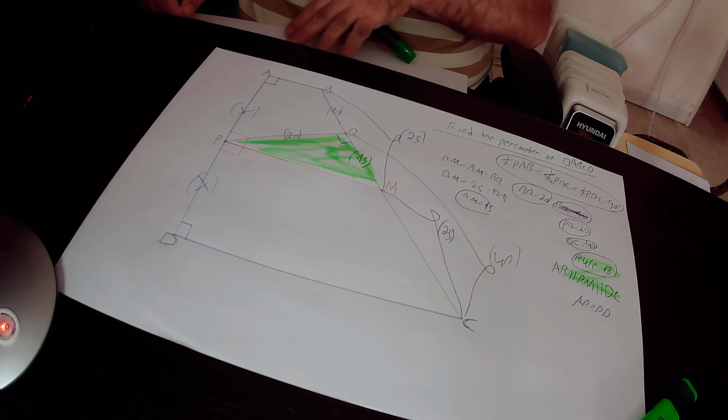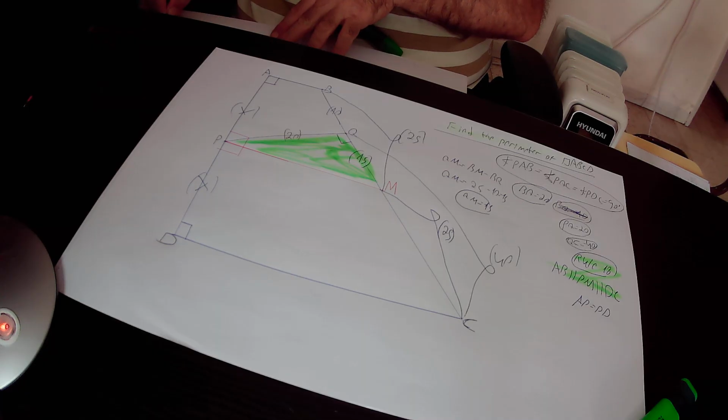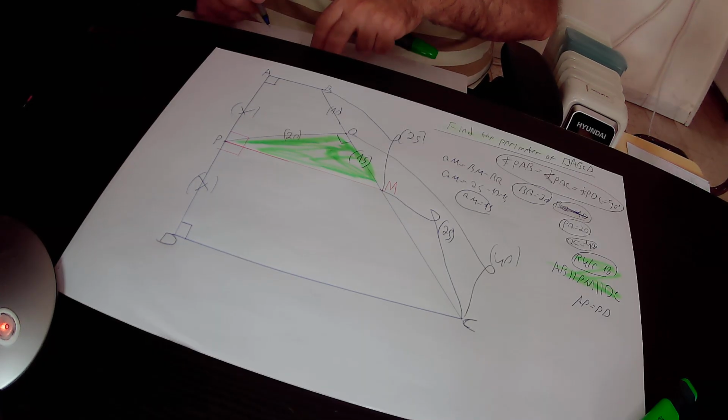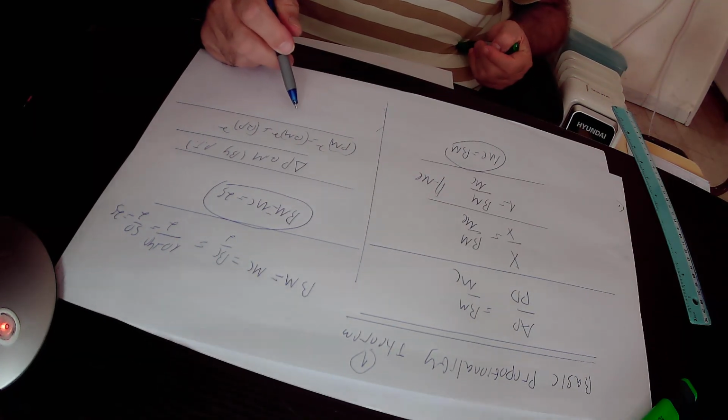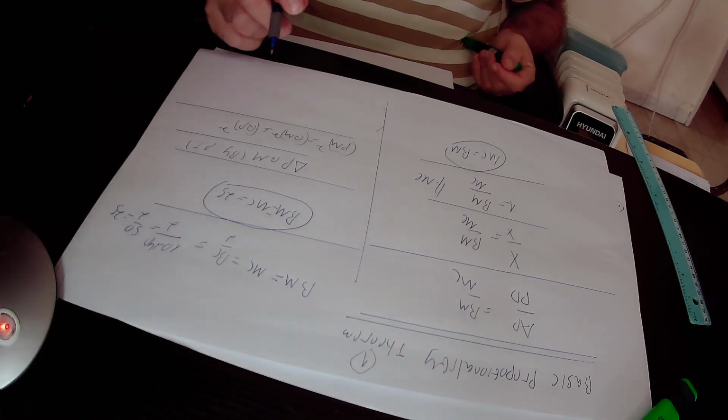And again, according to the Pythagoras theorem, in the right triangle PQM, PM squared equals QM squared plus QP squared.